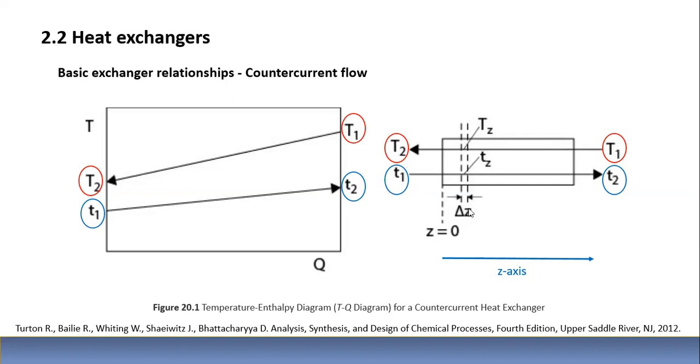And then there is a delta Z, this small interval right there, where the temperature of the hot stream is changing along the distance, as well as the temperature of the cold stream, which is being increased by the interval delta Z along this z-axis, while the temperature of the hot stream is being reduced from the entrance all the way to the exit. So there is a gradual decrease from T1 to T2 on the hot stream, and a gradual increase from t1 to t2.